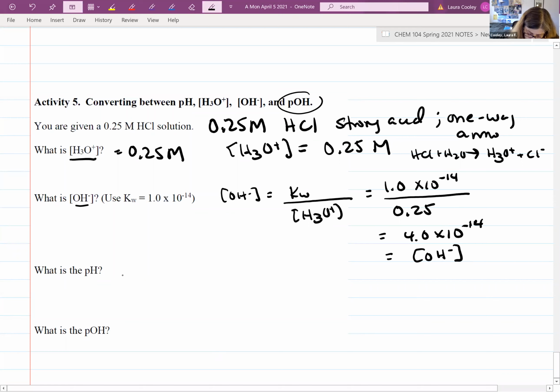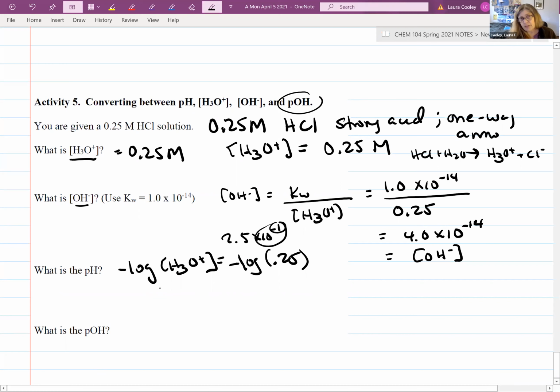That's the concentration of the hydroxide. So what is the pH? Well, it's the negative log of the H3O plus. So that's the negative log of 0.25. Okay, so that's 2.5 times 10 to the minus 1. So this is going to be around 1, because negative of minus 1 is 1.